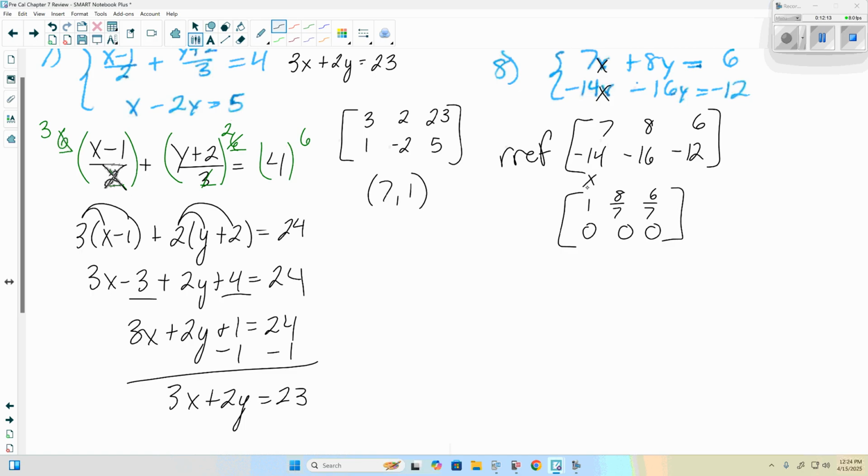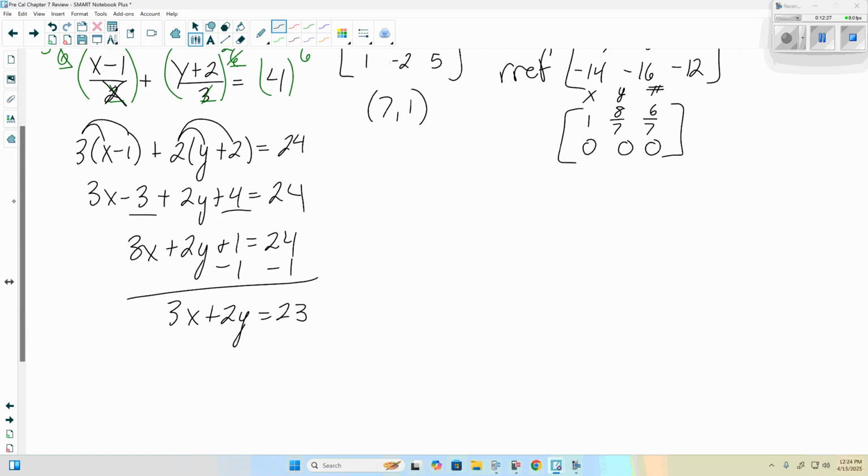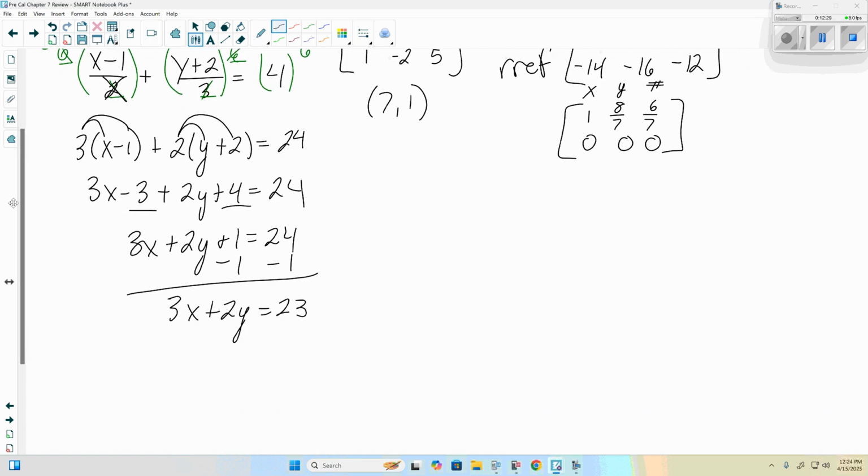Now, when we set this up as an augmented matrix, the first row is where we put the numbers in front of x, the second was the numbers in front of y, and the third is just what it was equal to. Bottom row tells us that this is infinitely many solutions.